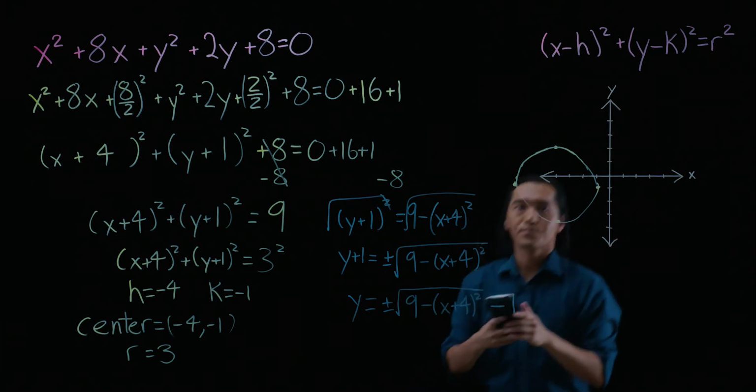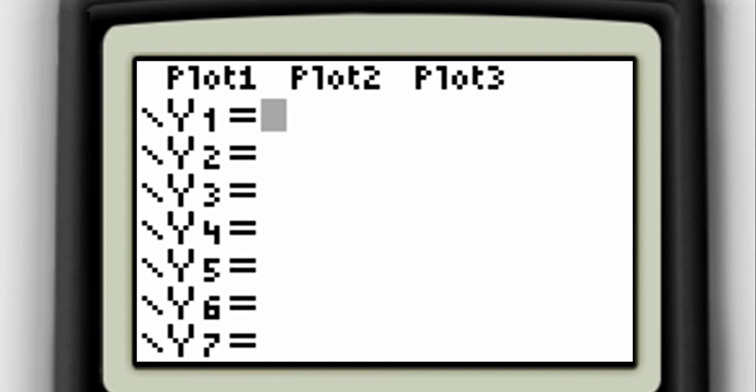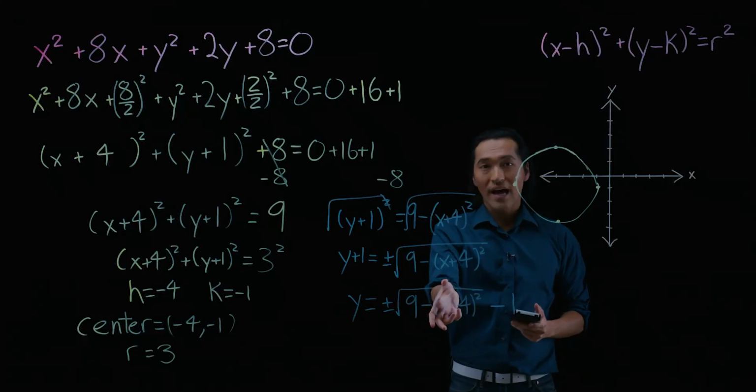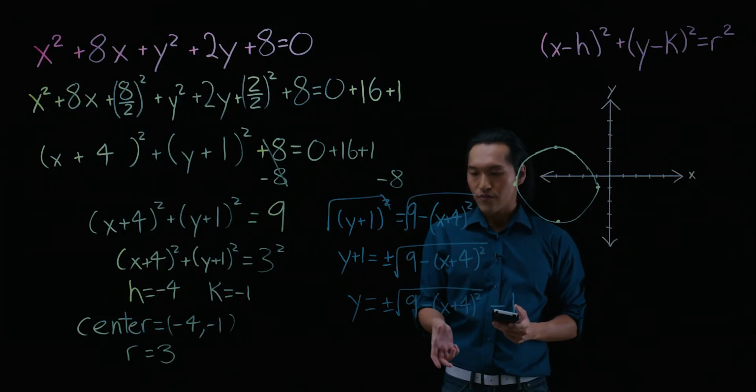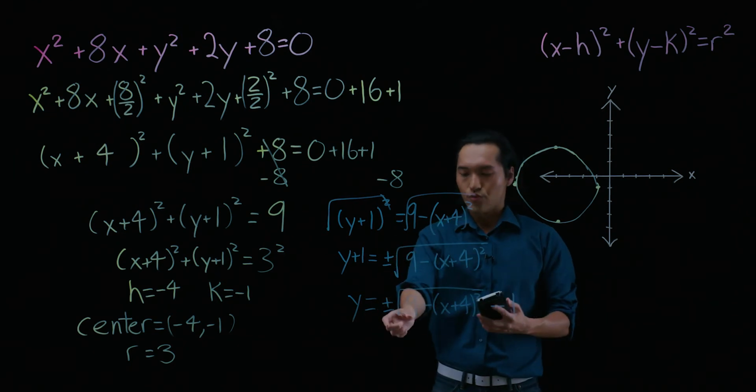So now we can turn our graphing utilities on, go to y equals, and under y sub 1, enter this in. We have to do it as a piecewise function and separate it into 2 different parts. So we have to have a positive version with the plus and then a negative version with this minus.